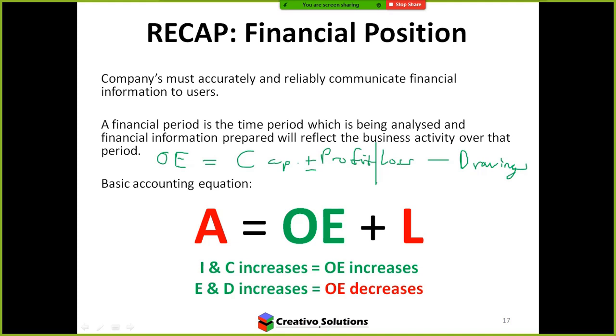That might even have been an equation in your textbook last semester. Owner's equity can be calculated from 2 different perspectives. I can look at the owner's equity on its own, which is the statement of changes in equity, or I can look at the summary and the difference between assets and liabilities. Two different workings for the same thing.